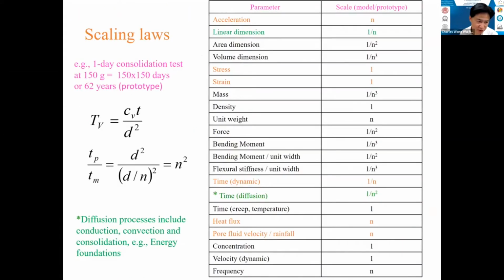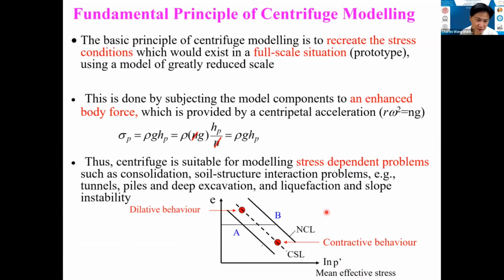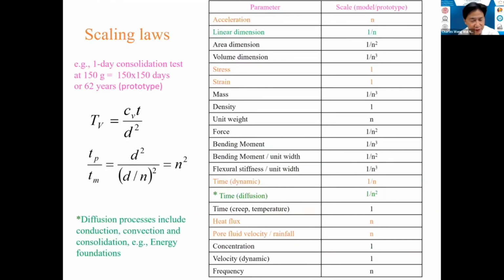By increasing the stress state from 1g to high g, the stress state at B is almost identical to the field. Of course, any physical model tests are subject to a number of scaling laws, if not all.